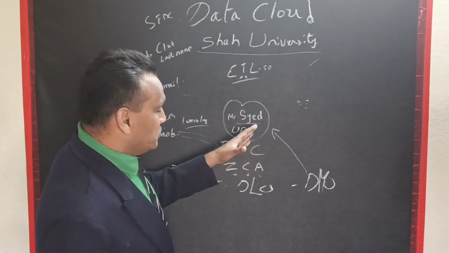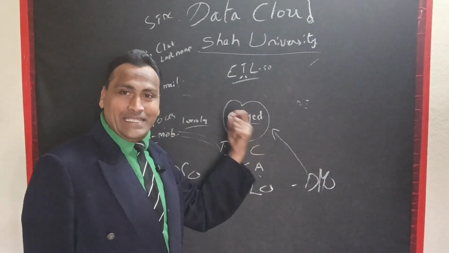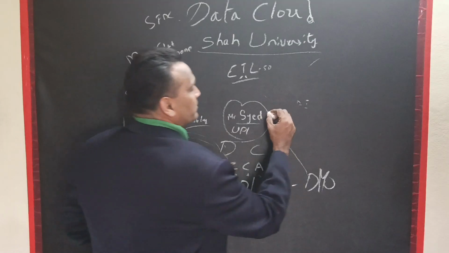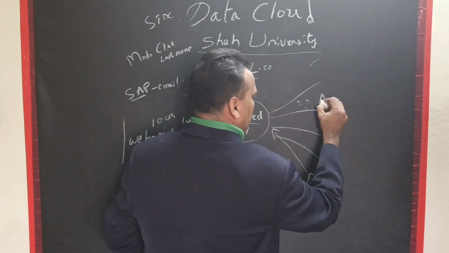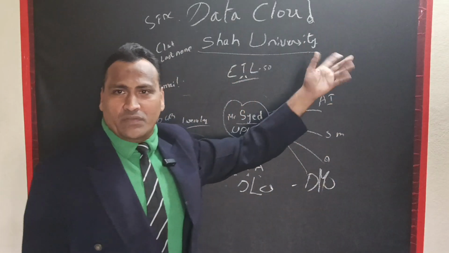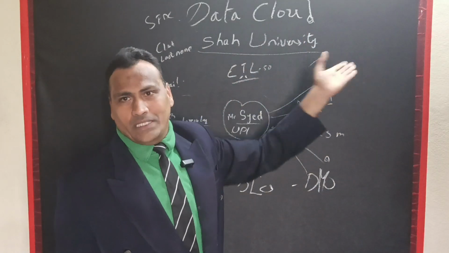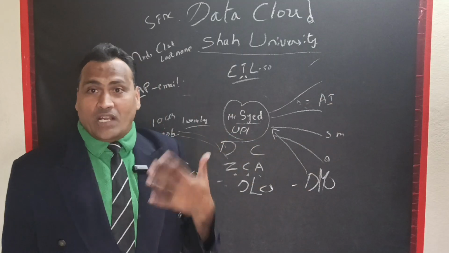The customer 360 degrees UPI, the unified profile of a single customer. And this I am giving to maybe my Einstein, or an artificial intelligence tool, or social marketing, or another Salesforce, or somewhere outside of Salesforce, so that further decisions can be made, or this customer can be approached with further offers and all.